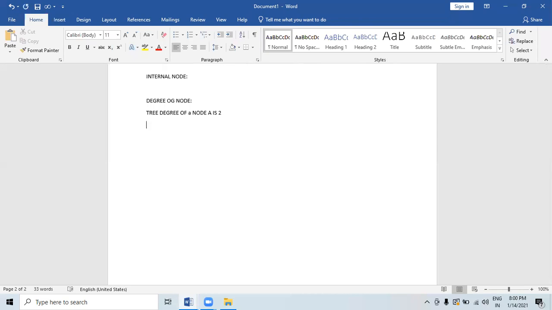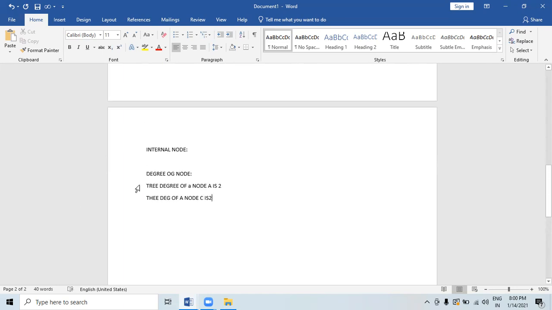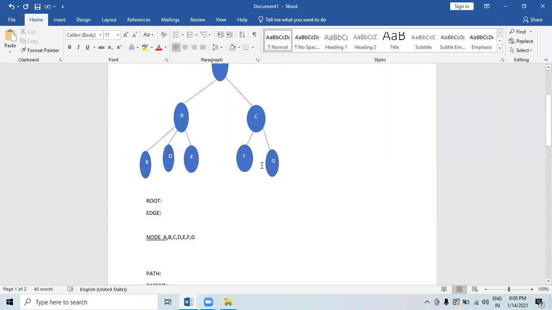Suppose C is again 2, you can see C having 2 nodes, right?